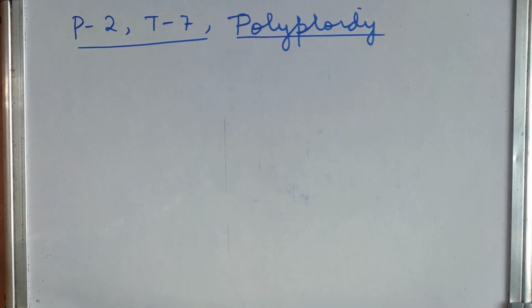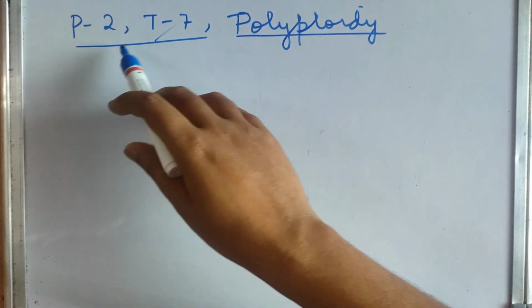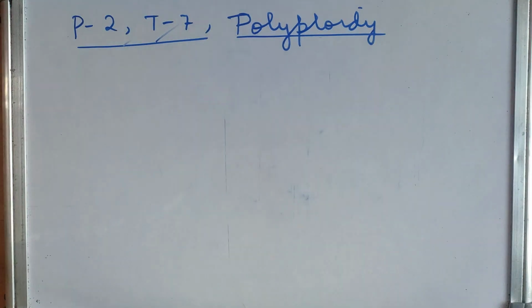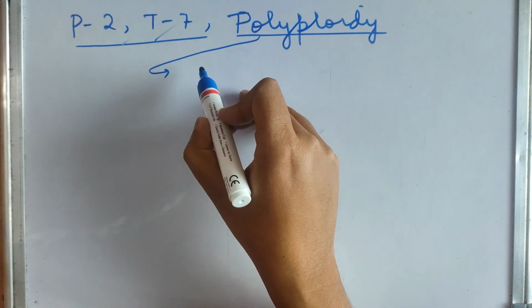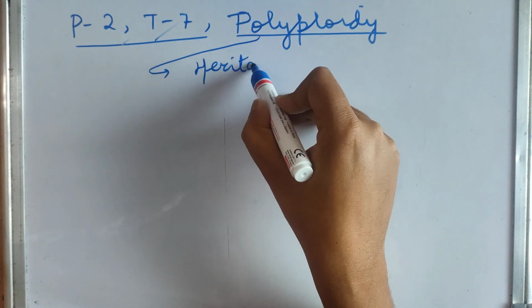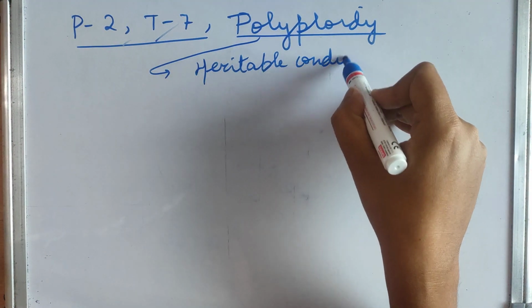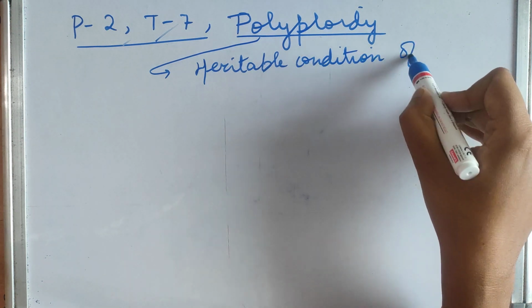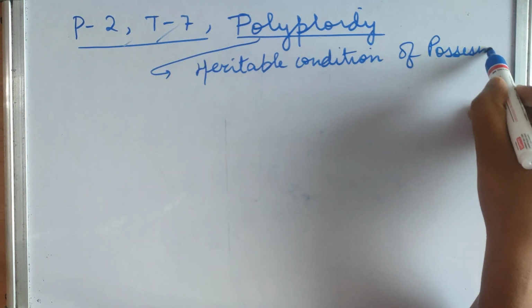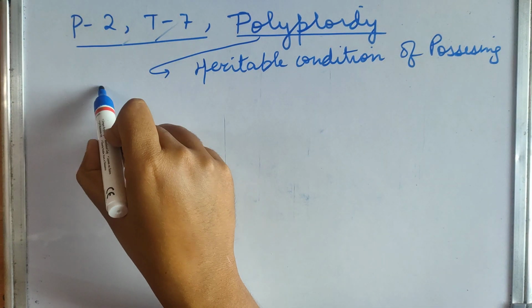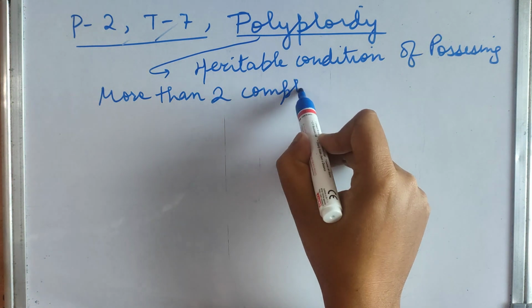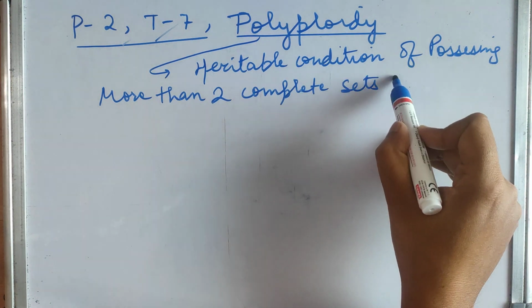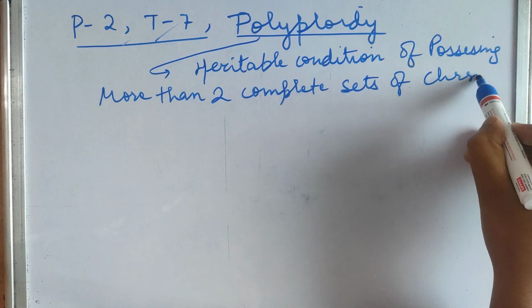So today we are going to do topic 7 of paper 2, that is polyploidy. So what is polyploidy? It is the heritable condition of possessing more than two complete sets of chromosomes.